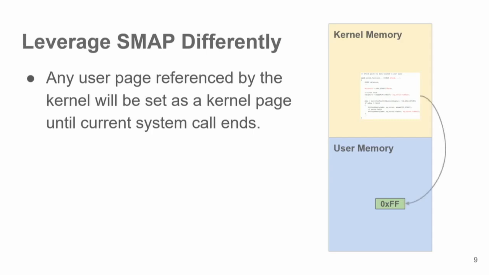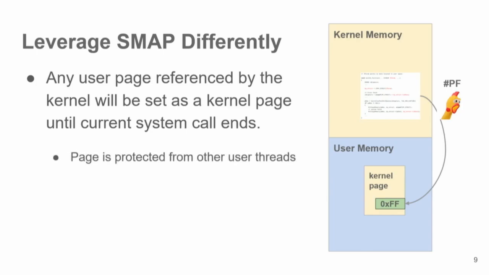When the kernel code accesses user memory, it will trigger a page fault, and we handle the page fault. Instead of crashing the kernel, we put the page into kernel space by clearing the user/supervisor bit in the corresponding PT entry. Doing that has two benefits.